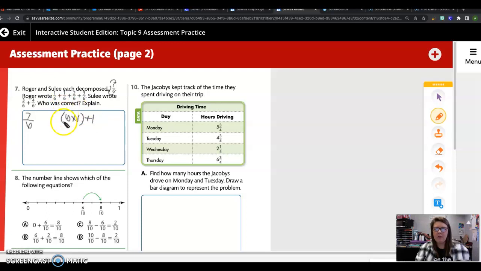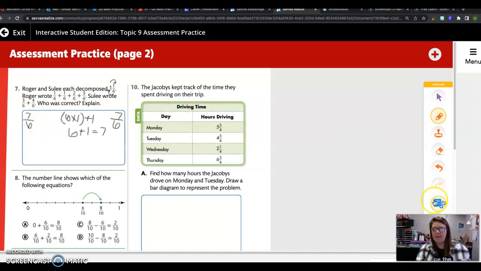So 6 times 1 is what? 6. And then 6 plus 1 is what? 7. So this 7 is now my numerator, and my denominator stays the same. So 7/6.